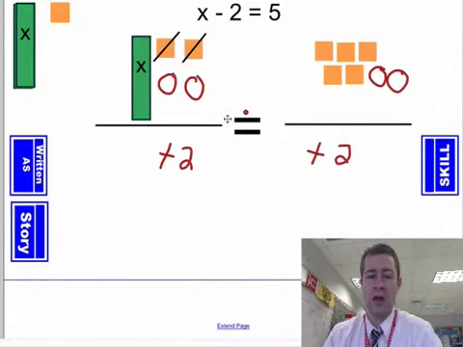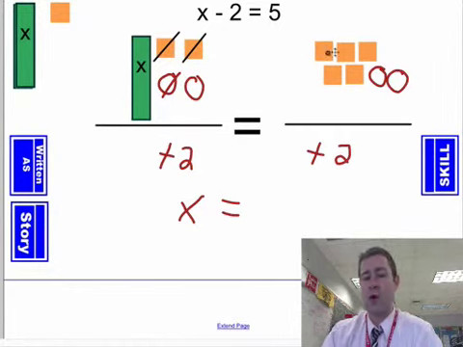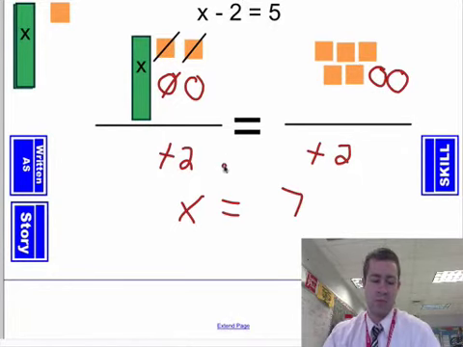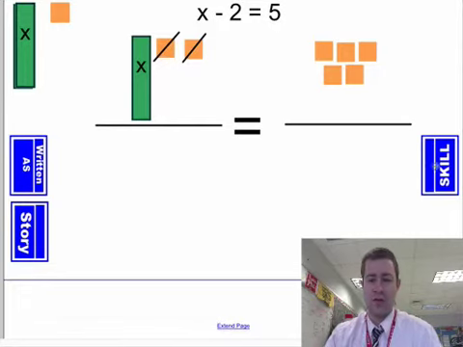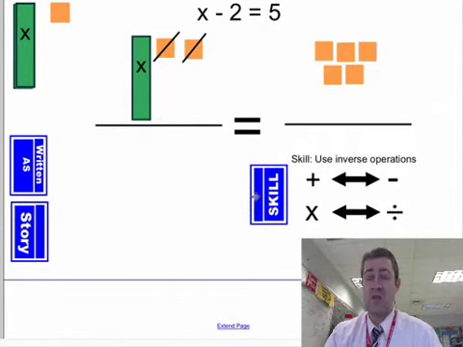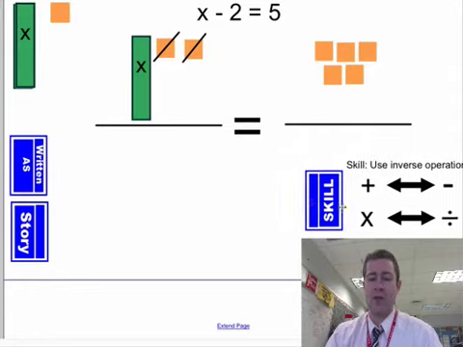So we count x equals, these cancel each other out. Negative 2 plus 2. I got 1, 2, 3, 4, 5, 6, 7. x equals 7. Okay? And so our skill: use inverse operations to get x by itself to find out what its value is.